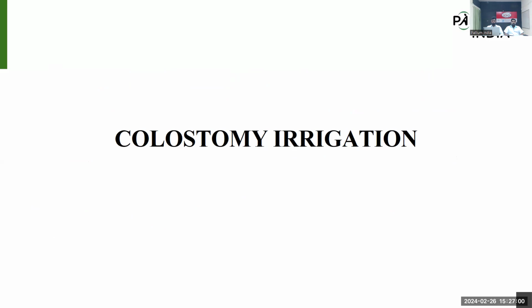Why only the sigmoid colostomy? In the sigmoid region, only fully formed fecal matter comes, so we can irrigate completely and evacuate the complete fecal matter. If we do colostomy irrigation in the ascending, transverse or descending area, the stool content will be in a fluid or semi-fluid stage. In that region, the colon has the role of absorbing needed electrolytes, minerals and fluid from the stool content.